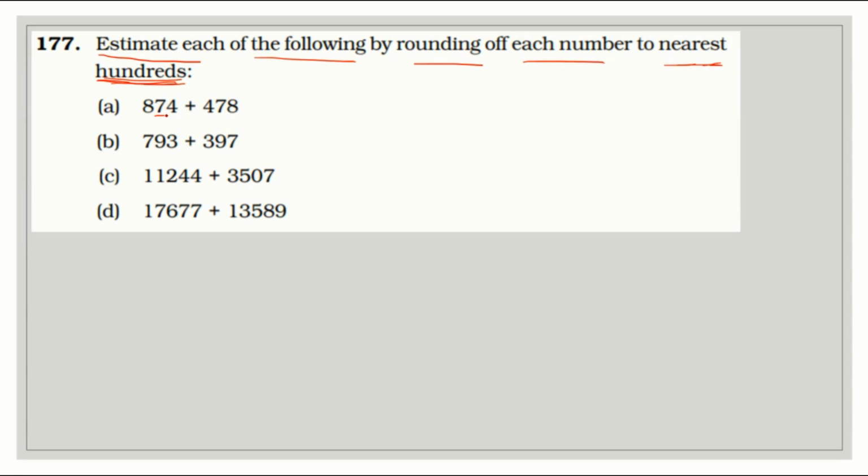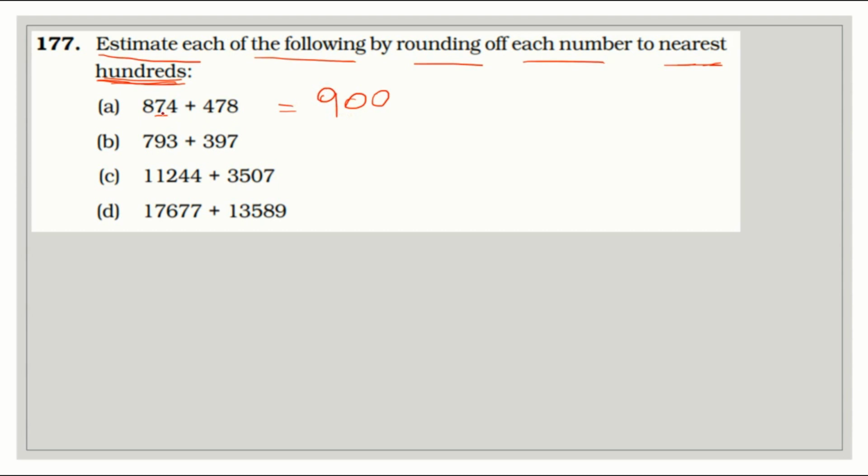If the tens place is equal to or more than 5, then we make the tens place 0 and the units place 0, and increase the hundreds place by 1.